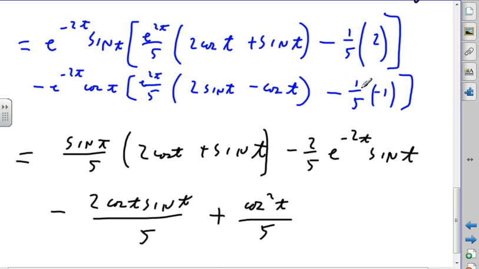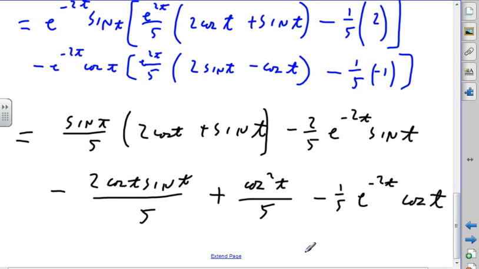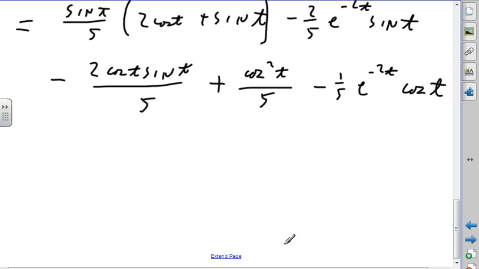Okay, and minus, minus, minus makes a minus. Minus 1/5 e to the minus 2t cosine t. Well, what do we got here? I've got sine squared plus cosine squared is a 1, right? And I got 2 sine cosine minus 2 sine cosine.